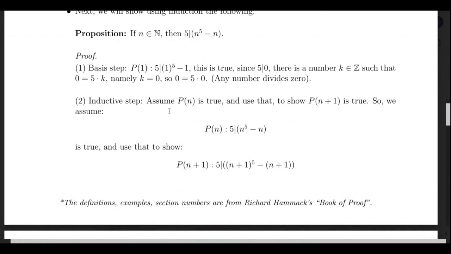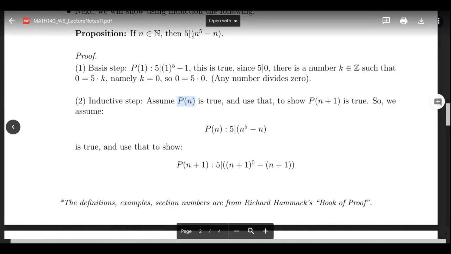So inductive step, we assume P of n is true. Oh, you know what? If I make this lecture notes, I would use k instead of n, because this n might be confusing with this n, right?